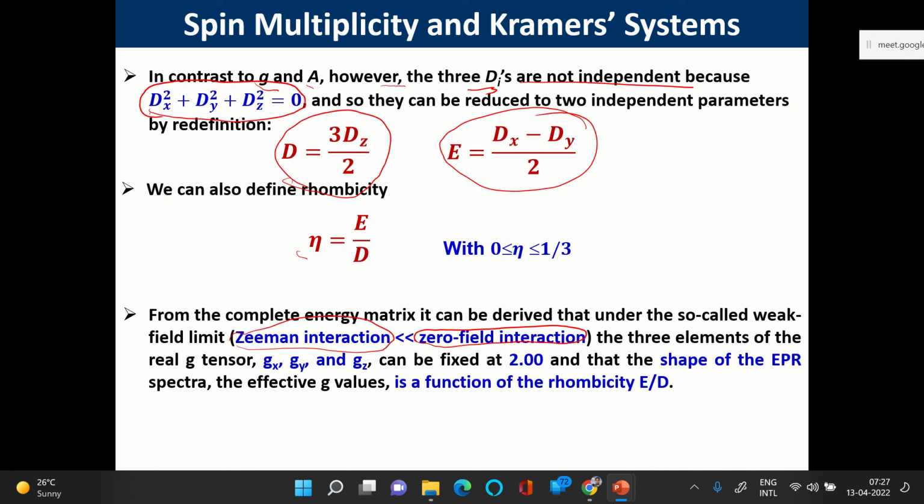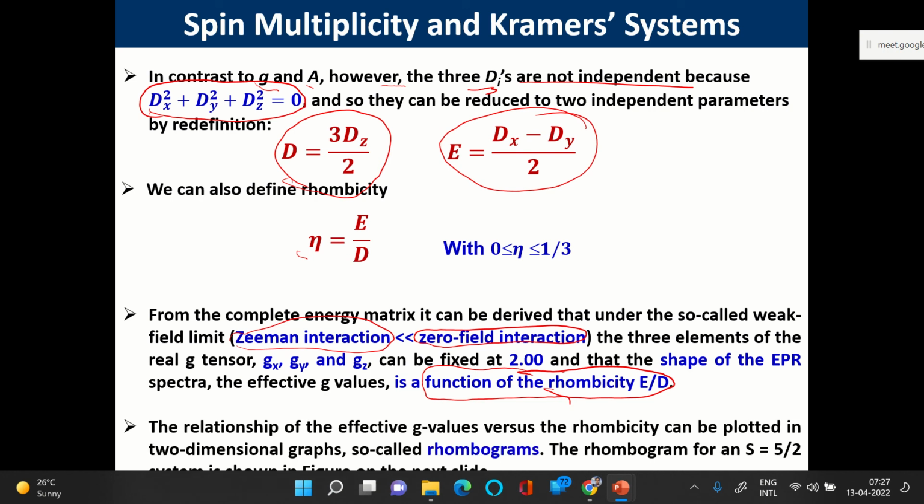If gx, gy, gz are fixed and we only consider the effect of these splitting parameters, then it is only a function of rhombicity. When you place the sample in the external magnetic field, all the EPR transitions will be a function of rhombicity, and the effective g values can be related to it. The relationship is understood through a graph called a rhombogram.